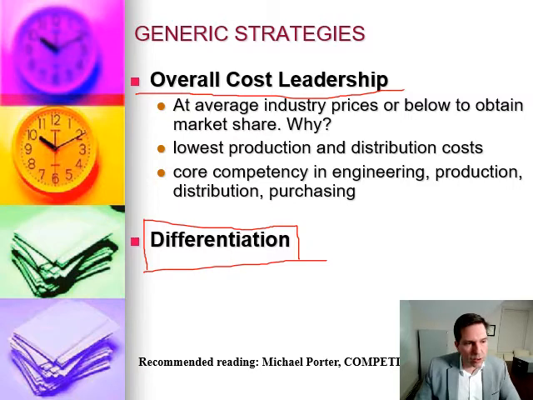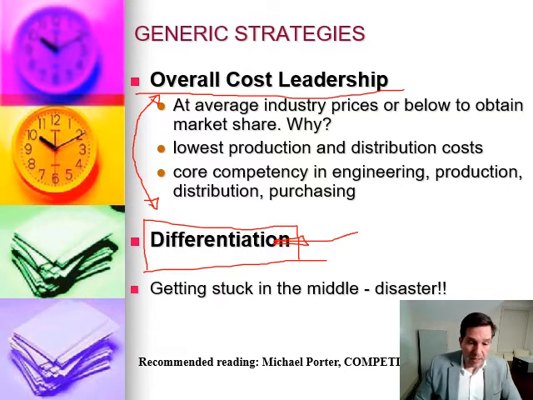Now notice these two are not compatible. You cannot do both. If you try to do both, somebody else will focus on one of them and they will win. The reason why is because anything that enables you to differentiate yourself is going to cost money. So you can always cut it off and be cheaper. Okay? These two things cannot happen simultaneously.